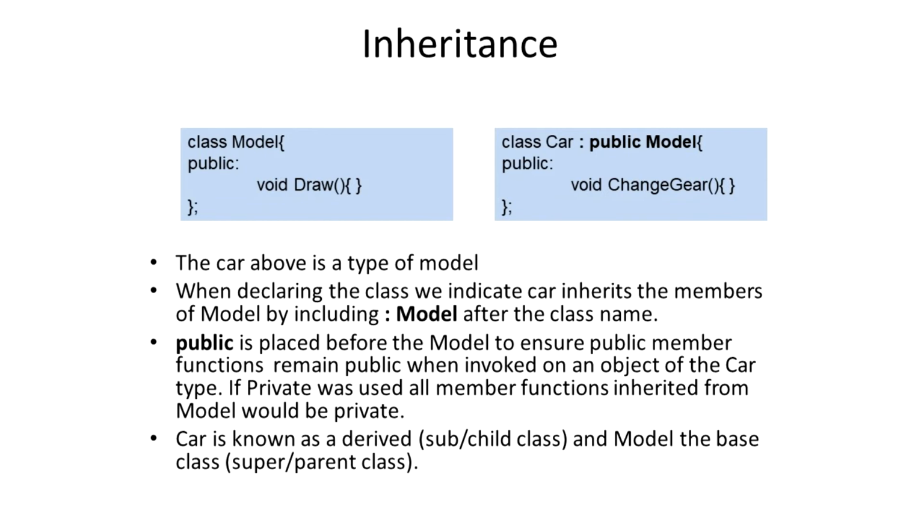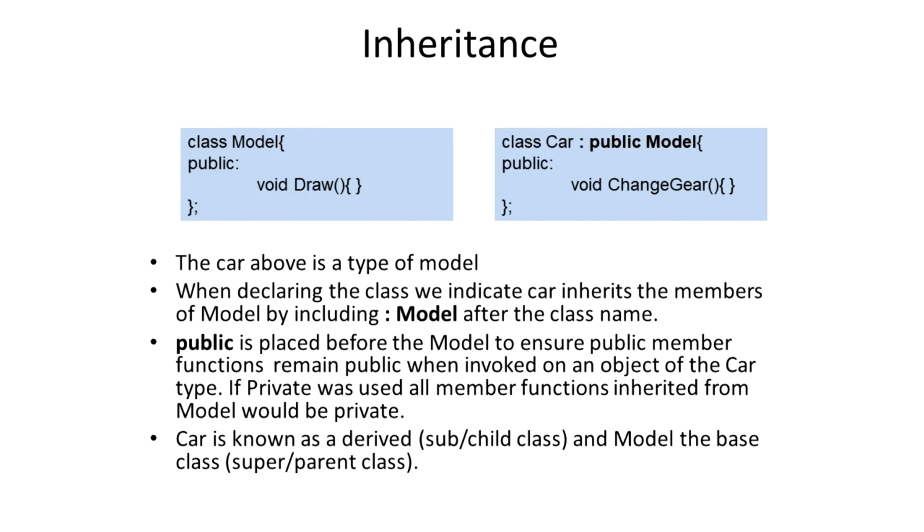And so here on the left-hand side, we have the parent class, which is model, and it has a single member function called draw. And then on the right-hand side, the right box, we have a child class called car. In the declaration of the class, we've stated class car colon public and then model, which is the parent.